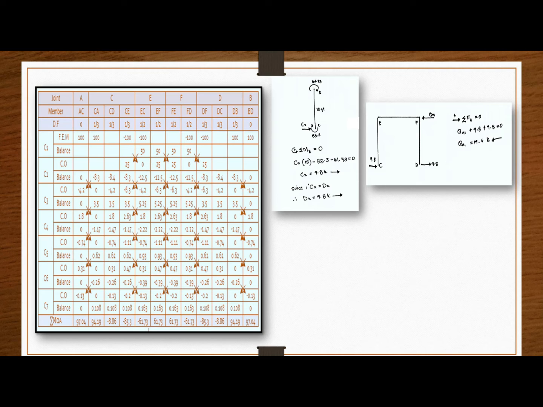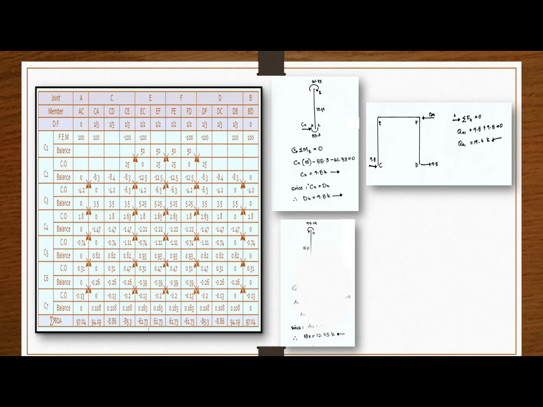So, our QA1 plus 9.8, which is our CX, plus 9.8 also for our DX is equal to 0. So, our QA1 is equal to 19.6 K to the left, so which is negative.